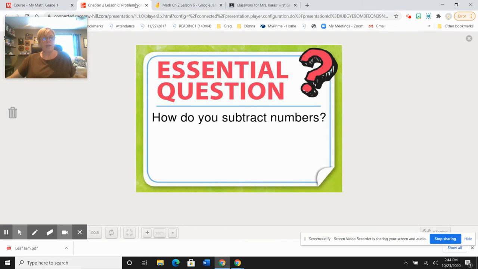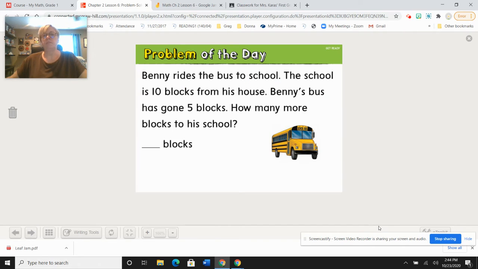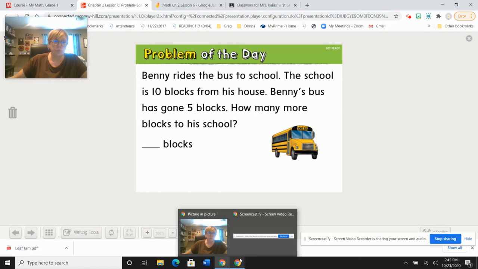Now let's go back to our book. As I said, our essential question is, how do you subtract numbers? Here's another warm-up problem of the day. Benny rides the school bus. The school bus is 10 blocks from his house. Benny's bus has gone 5 blocks. How many more blocks to his school?